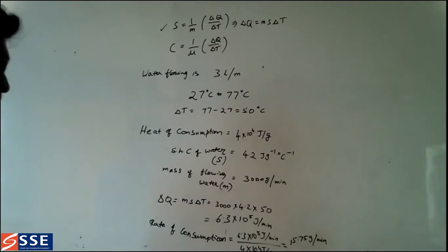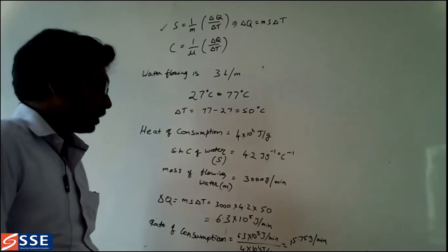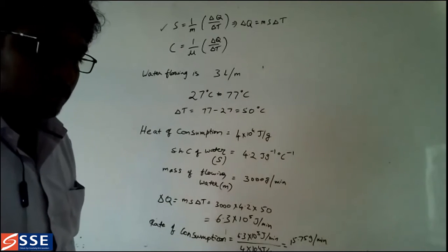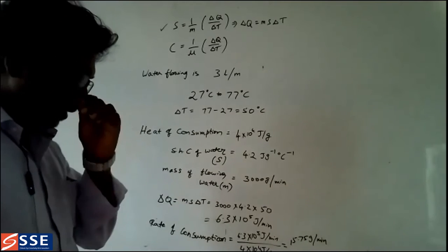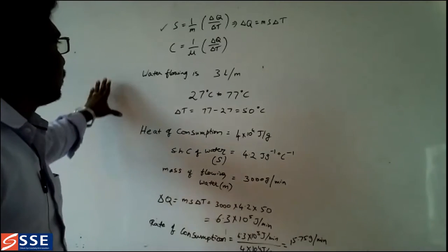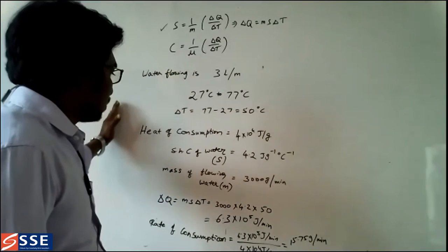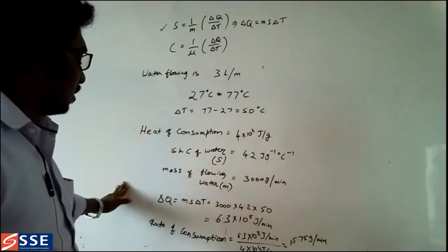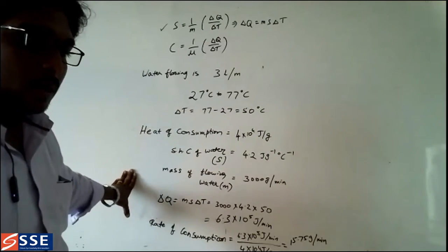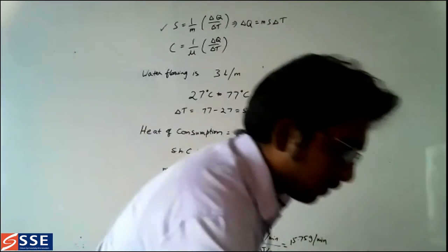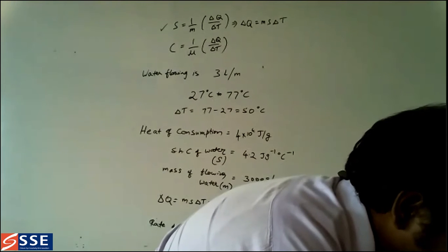So now rate of consumption is 6.3 into 10 to the power of 5 joule per minute divided by heat of consumption. So then rate of consumption is 15.75 grams per minute. Okay, right? So this is the formula for specific heat capacity. So the problems will be asked like this. Okay. Shall we go for the next slide?